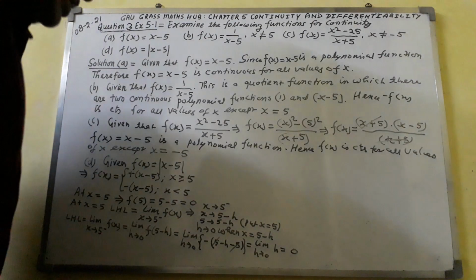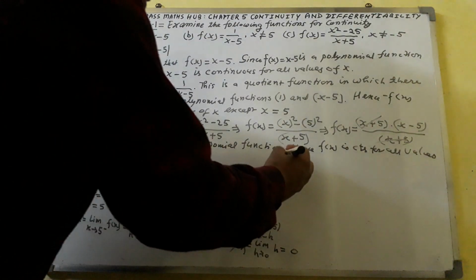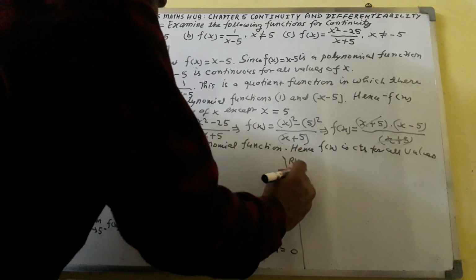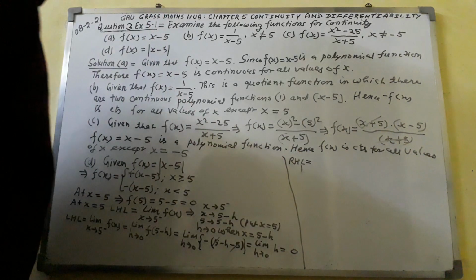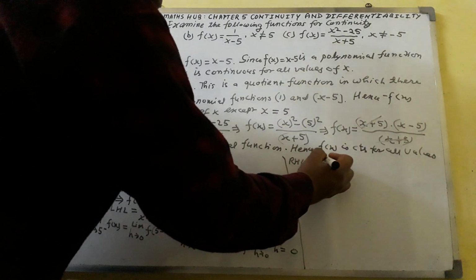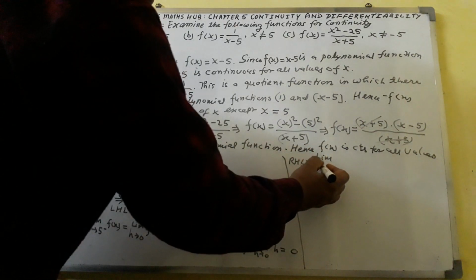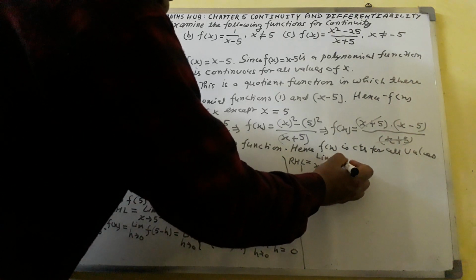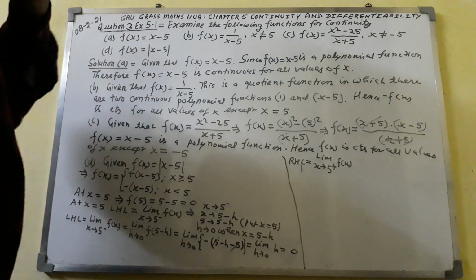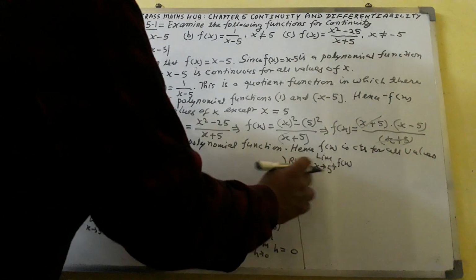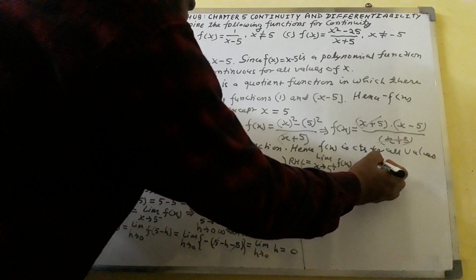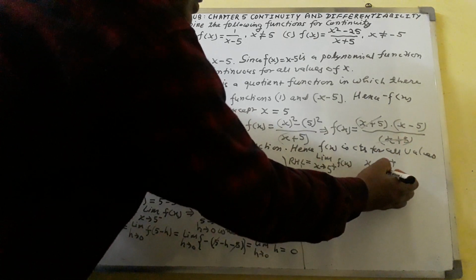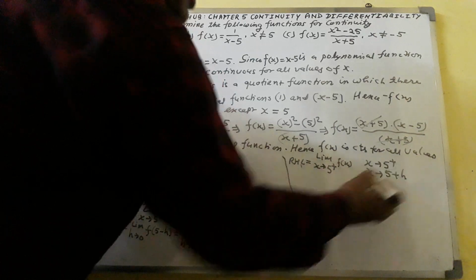And similarly, for the right hand limit, RHL equal to the limit as x tends to 5 positive of f of x I shall take. So what will we get here? x tends to 5 positive, x equal to 5 plus h you shall write.